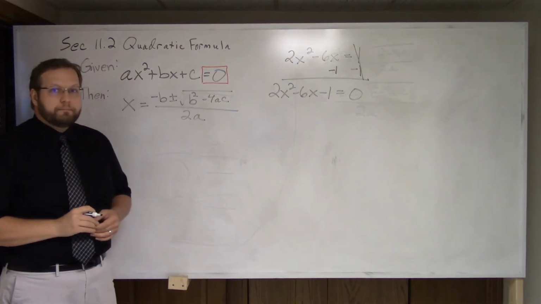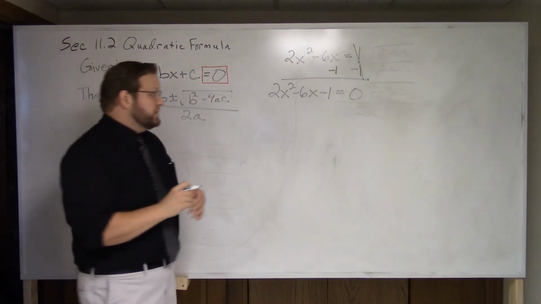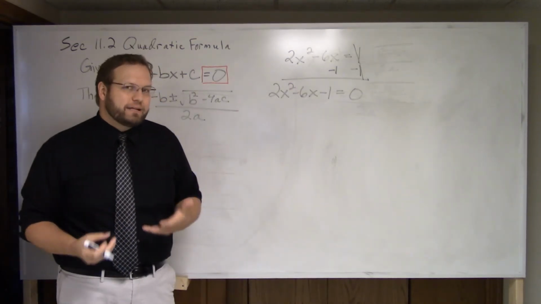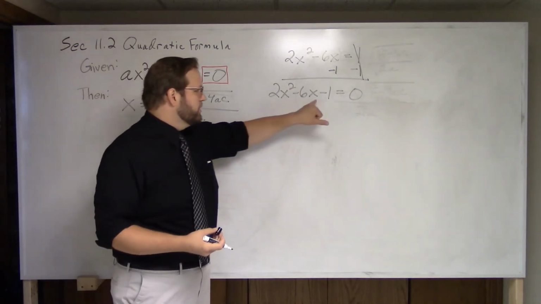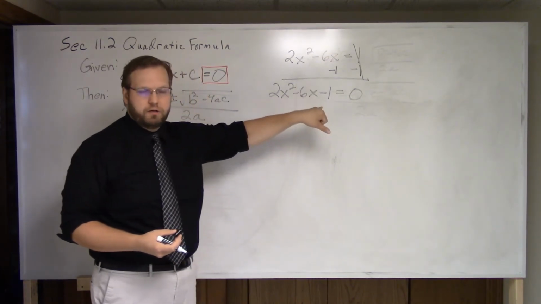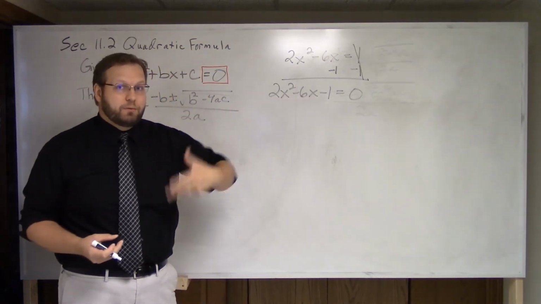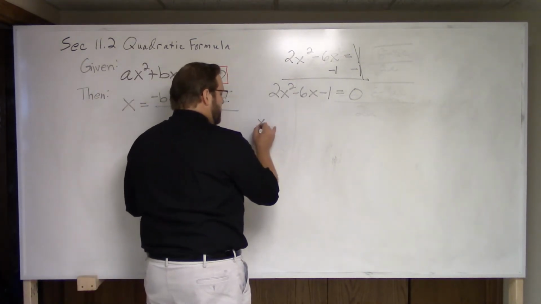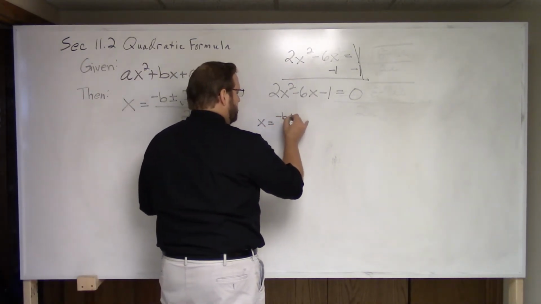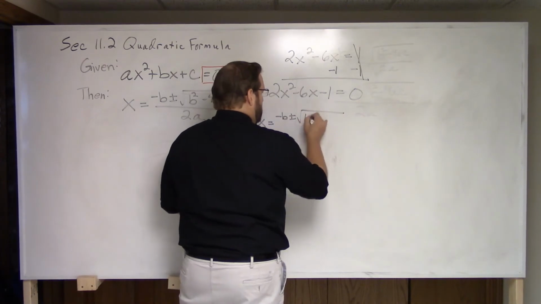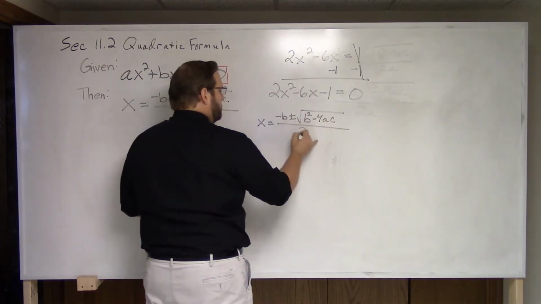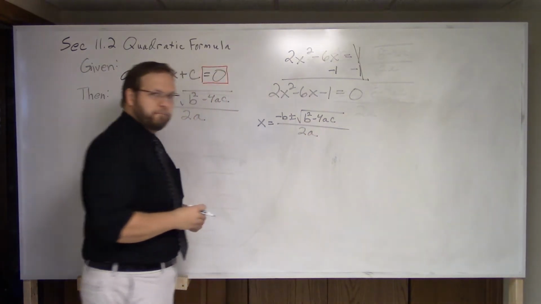Okay? Now, again, if this was just solve and they didn't tell you how, I would look and consider factoring, but there's no way we're going to get these numbers to work out. So quadratic formula honestly would be the natural progression. That's what we would use next. So I'm going to write it out. Opposite of b plus or minus square root b squared minus 4ac all over 2a.